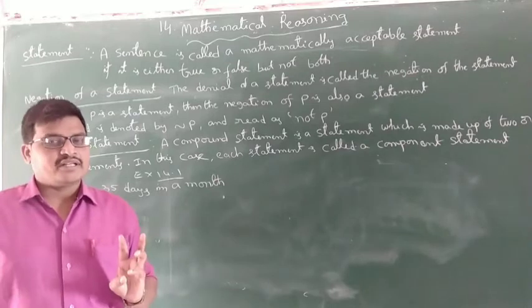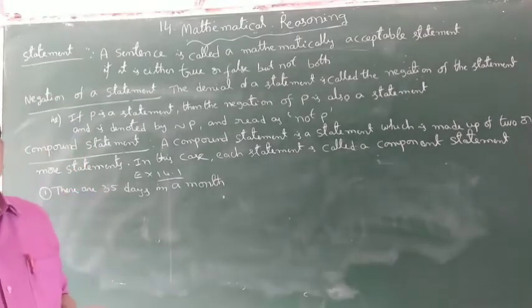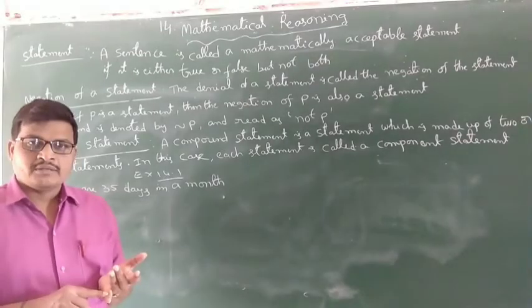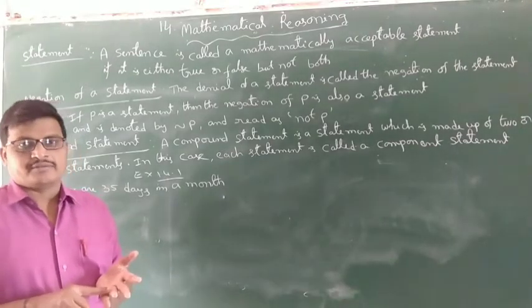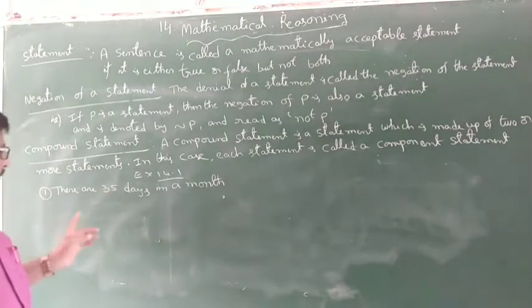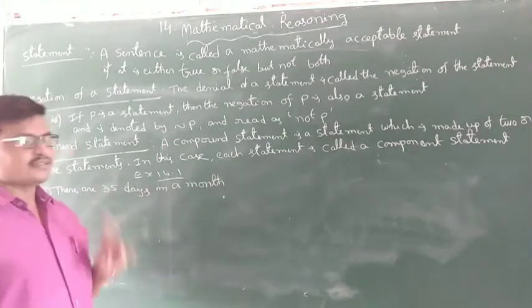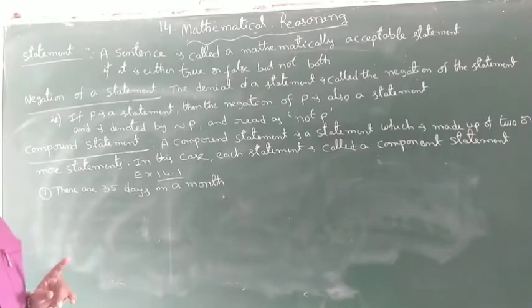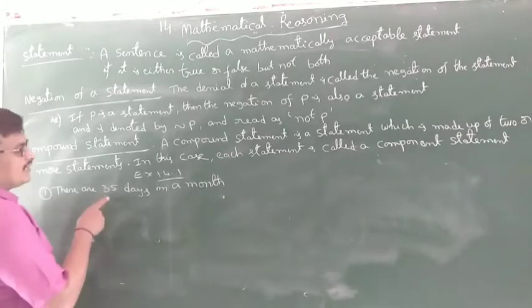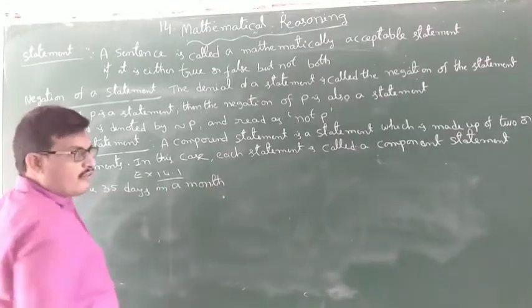The remaining months have 30 or 31 days. These are the possible days. Is it correct? So, 35 days in a month is a statement. Mathematically, is it true or false? 35 days in a month is false.